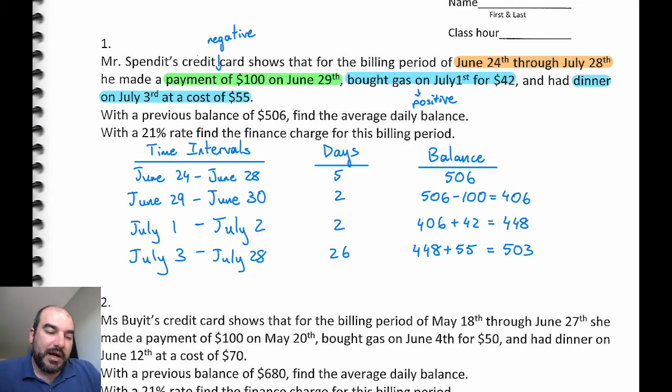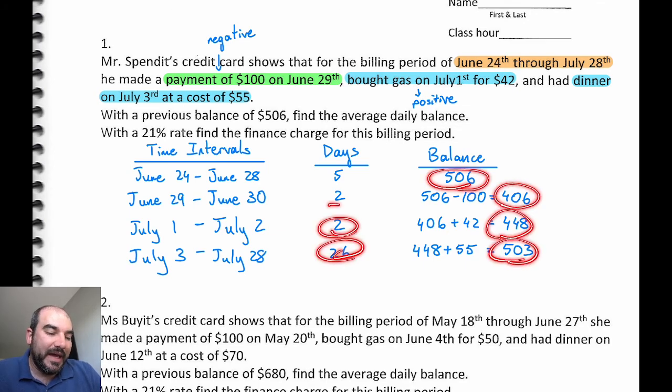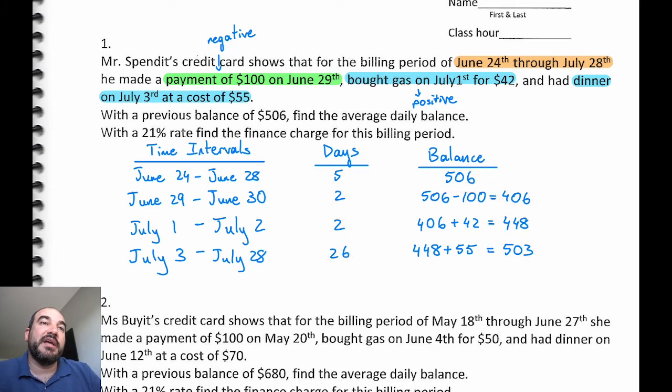Now, what credit card companies do is they don't just look at how much money you owe them at the end of the month and calculate the interest that they're going to charge based on that amount. What they do is they look at how much you owed them for how many days and calculate it based on that.